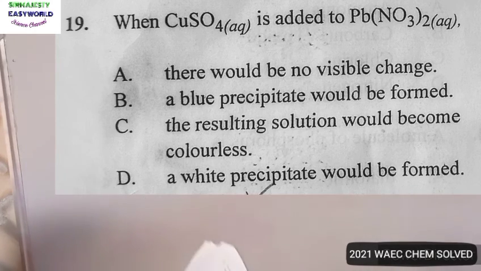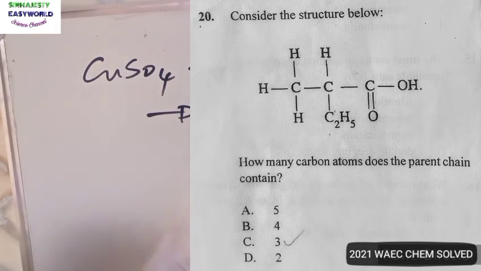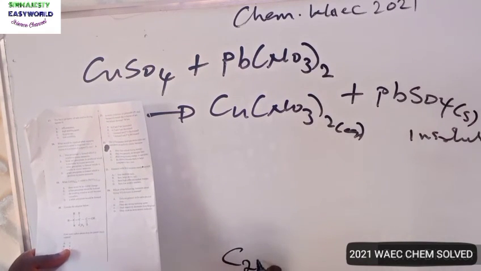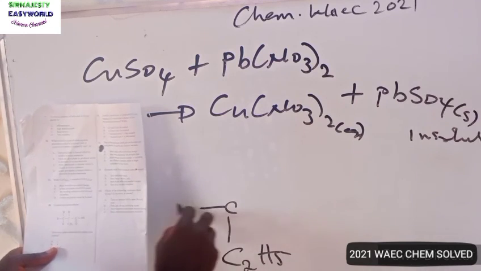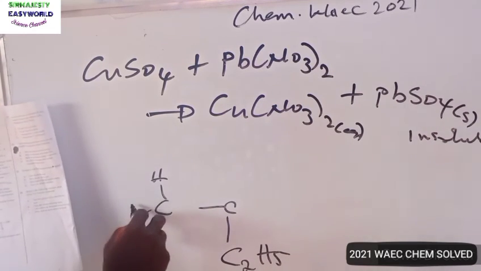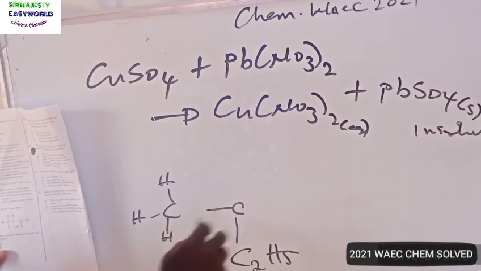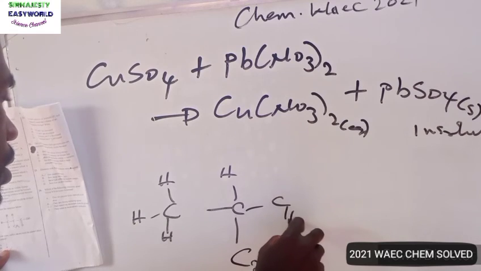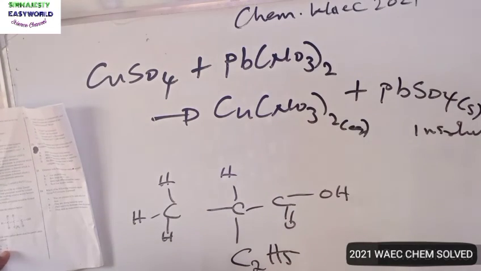That's for question 19. Then number 20 says, consider the structure below. Okay, let me draw. The structure is C2H5, C, H, and H. Then H is here. C, a carbonyl group. Then OH.